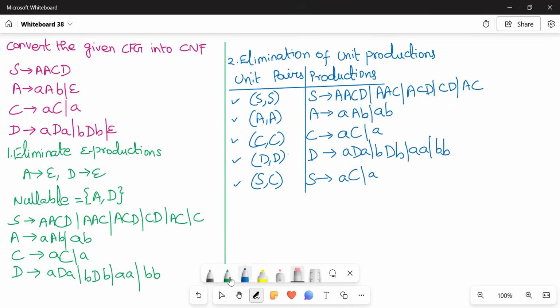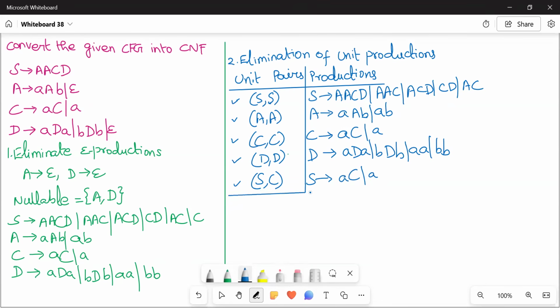Okay, so now we have to rewrite this because some symbols are having more productions. Okay, we have two S productions here. Other productions are single only. So we have to combine this also here. So rewrite this.